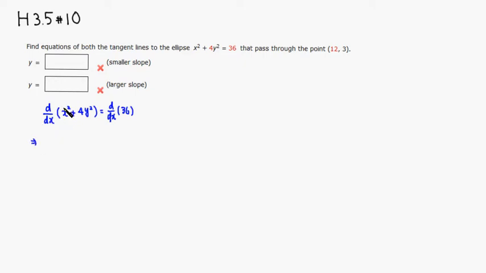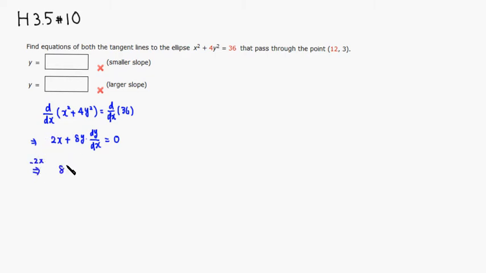The derivative of x squared is 2x, and the derivative of 4y squared is 8y times dy over dx, which is equal to the derivative of 36, which is 0 because 36 is a constant. Then we can solve for dy over dx by subtracting 2x from both sides.